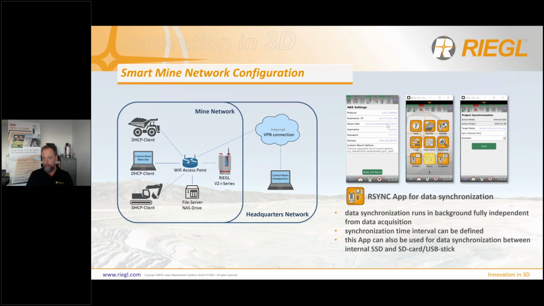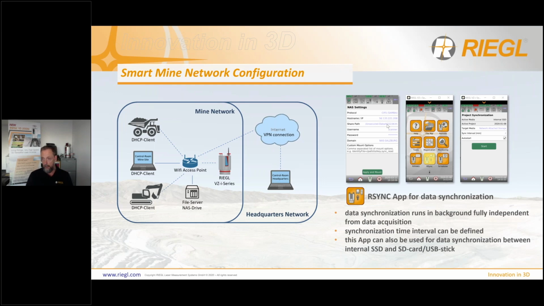Then you can apply it and mount it, and it is available as a storage medium on the scanner. But I would not store the data directly on that file server, because of limitations in the bandwidth, you would have some delay in data acquisition.